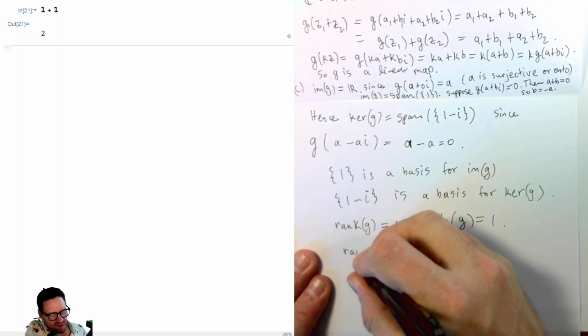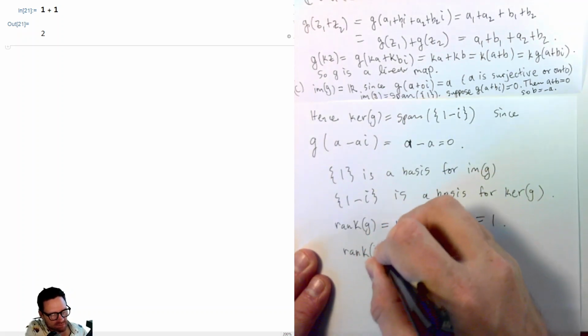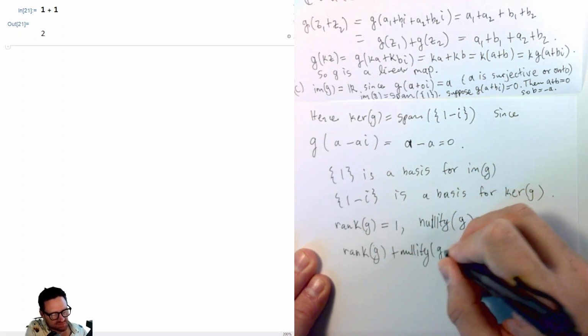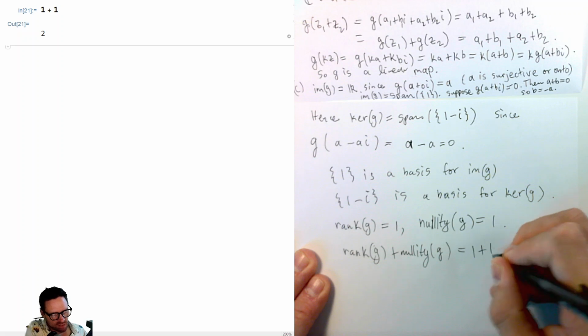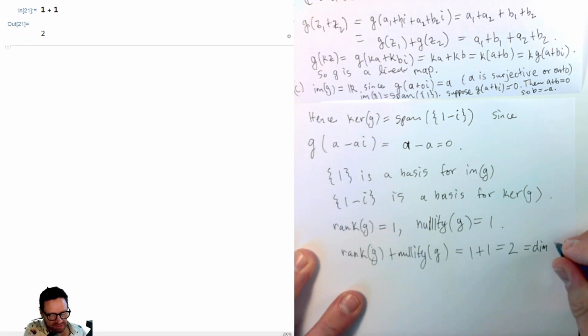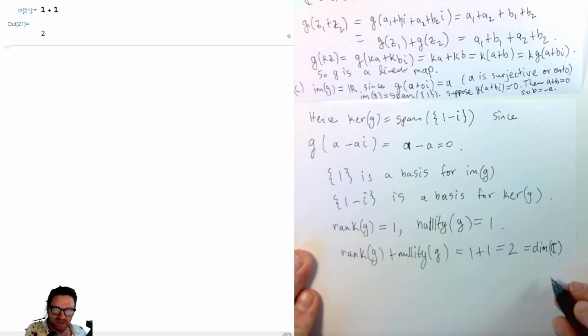And notice that the rank of G plus the nullity of G is equal to 1 plus 1, which is 2, and that is the dimension of the domain C as a vector space over the real numbers.